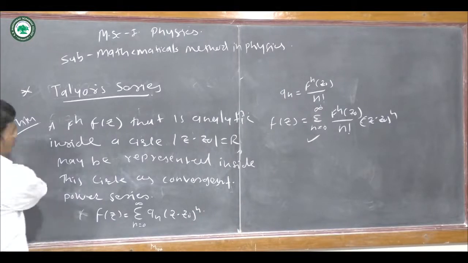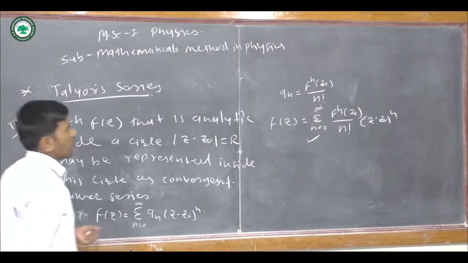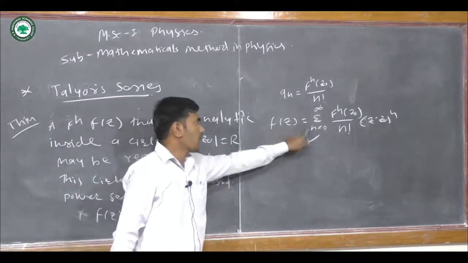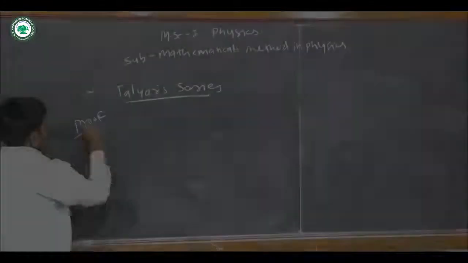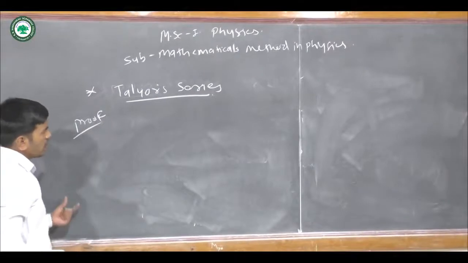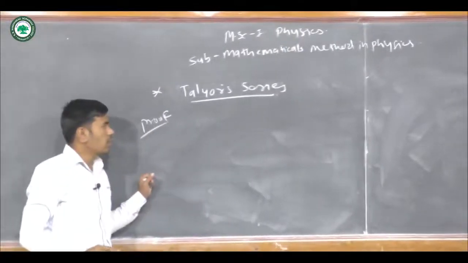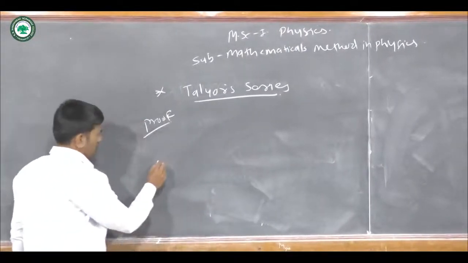So, the proof of this theorem: we want to get this expression for f of z. By using the Cauchy integral formula, we know the Cauchy integral formula. First I draw the diagram.